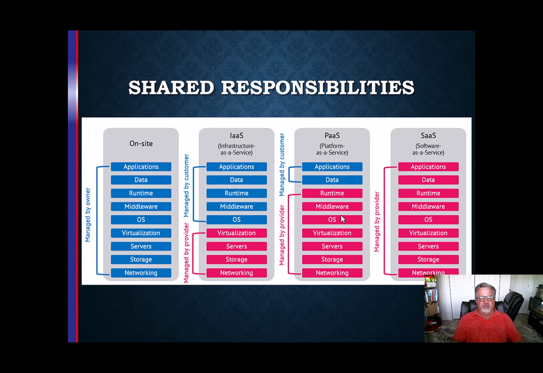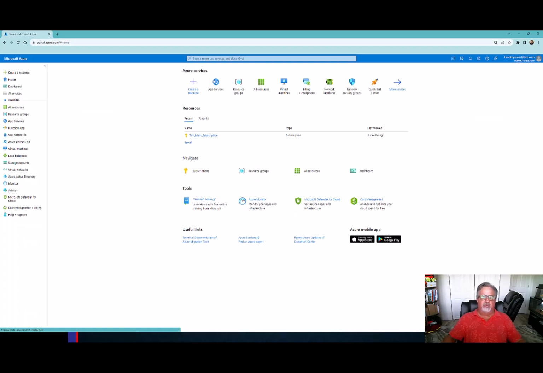So, you know what, guys? We've been talking here through 10 different parts of this video series, and I've been going over slides. I want to spend a couple minutes getting into the Azure infrastructure, just to show you what a cloud portal actually looks like.